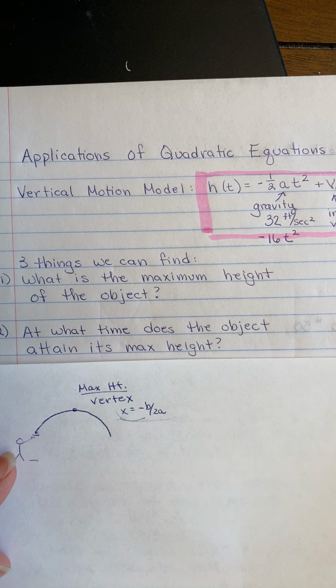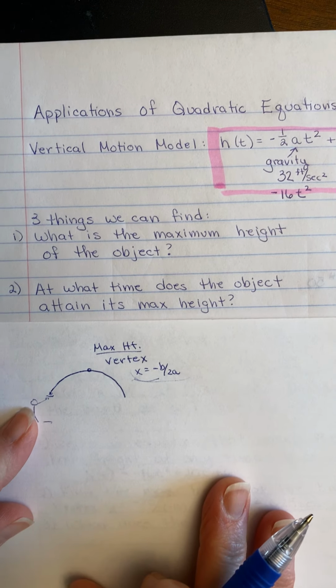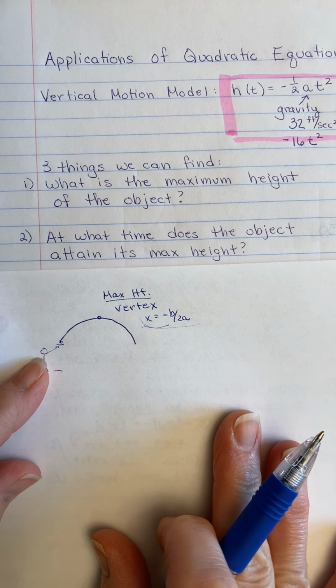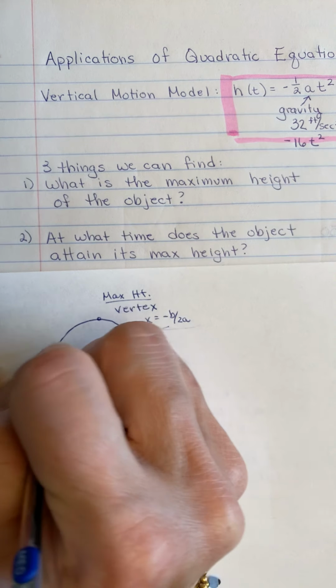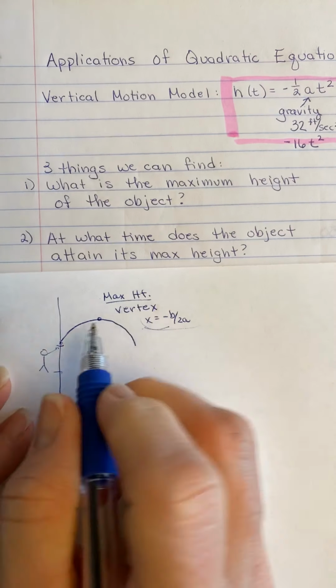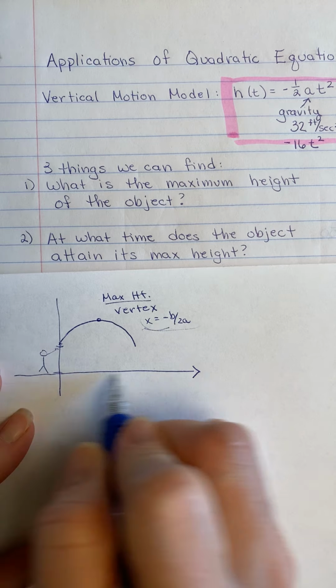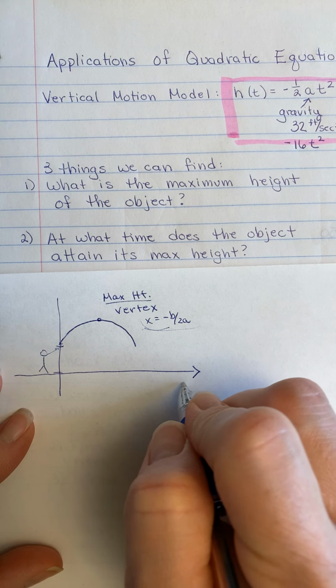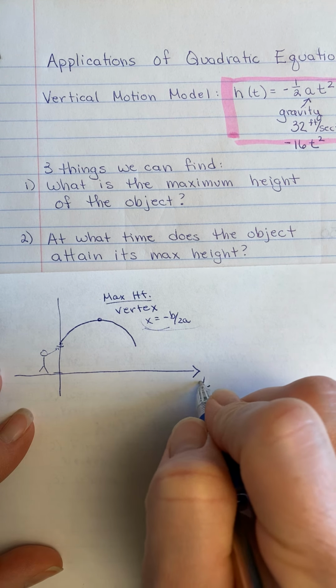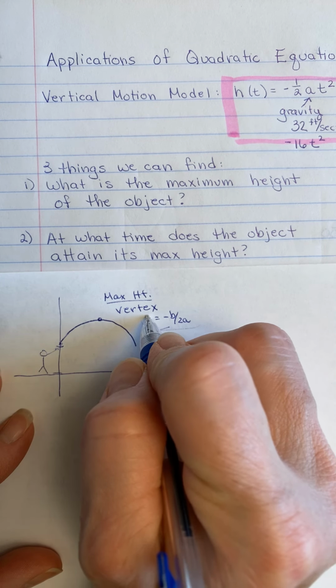We can also find at what time does the object attain its maximum height. So if we were to put this on some sort of scale here, a graph, this is no longer x really, it's time. Time goes on. So this actually is a t here.